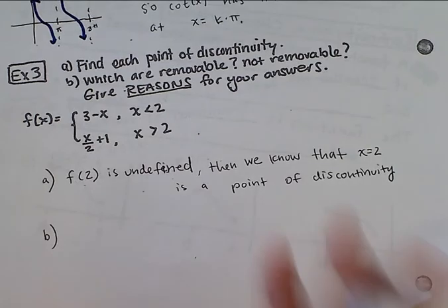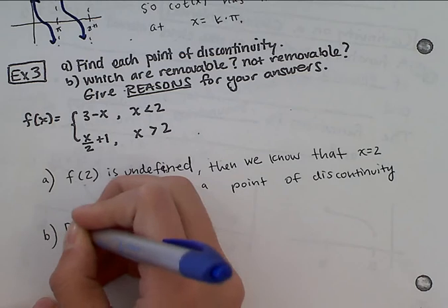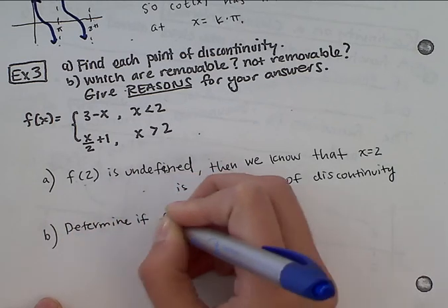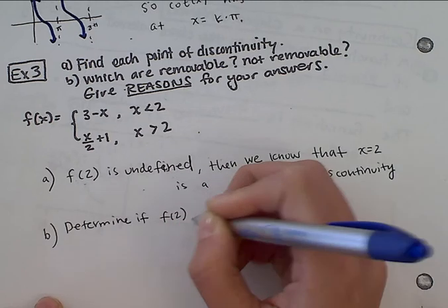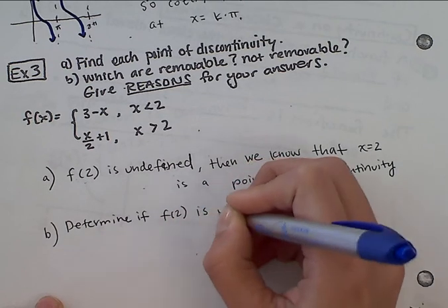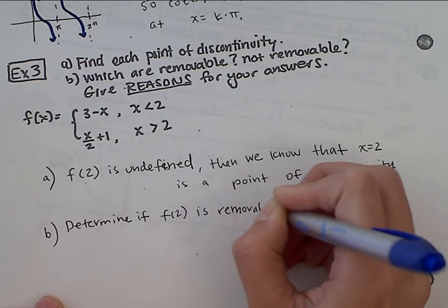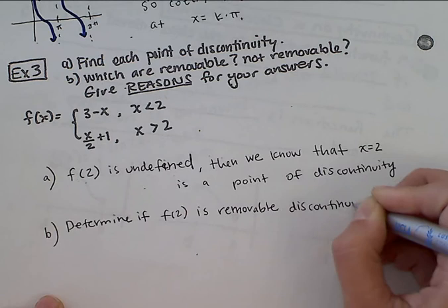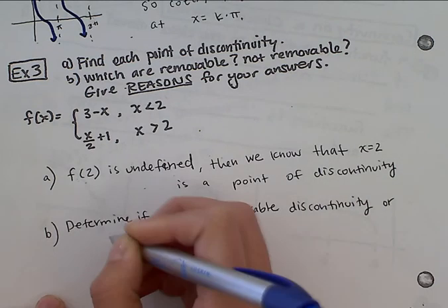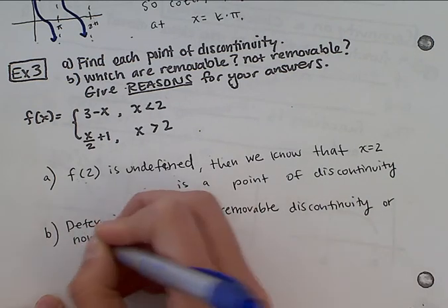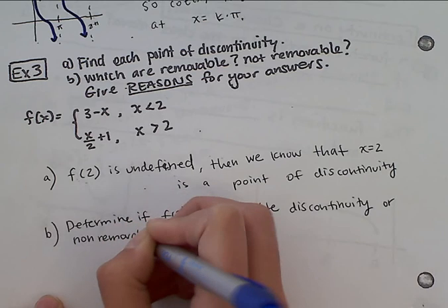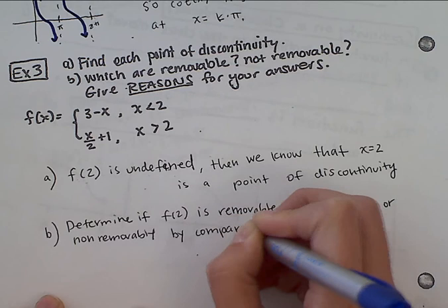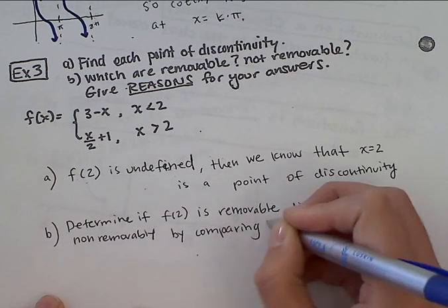And I'm going to state that: determine if f of 2 is a removable discontinuity or non-removable by comparing the left and right limits.